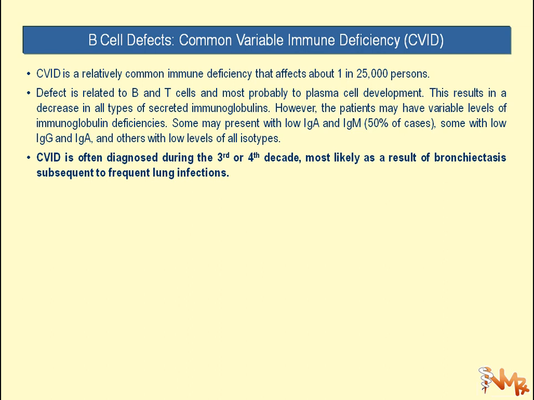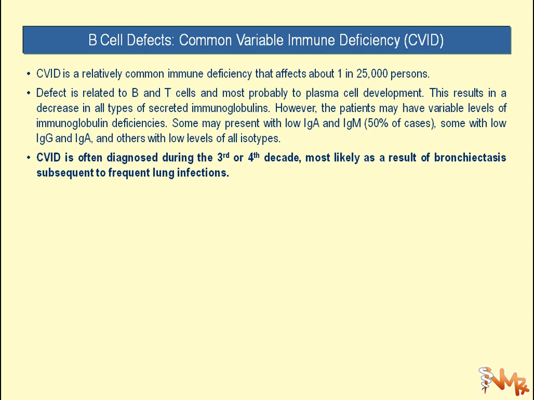CVID is often diagnosed during the 3rd or 4th decade. Lock in this information. This is the key phrase on the case scenarios that will be provided to you on the exam. They are often diagnosed as a result of bronchiectasis subsequent to frequent lung infections.